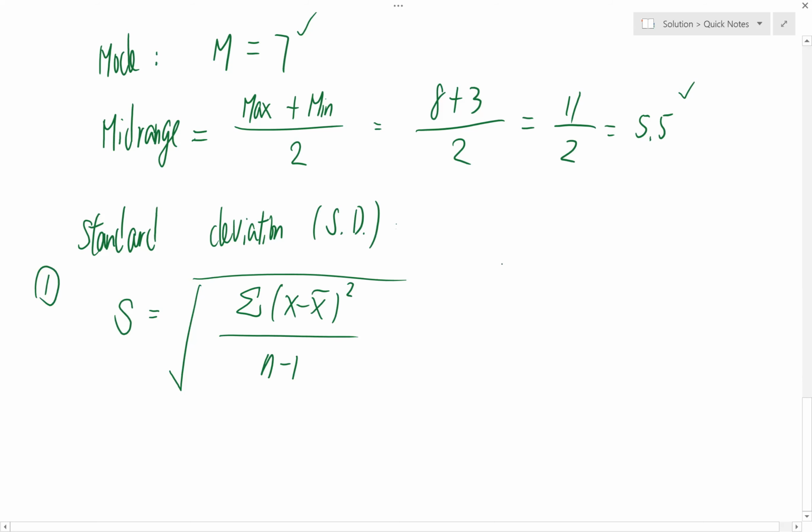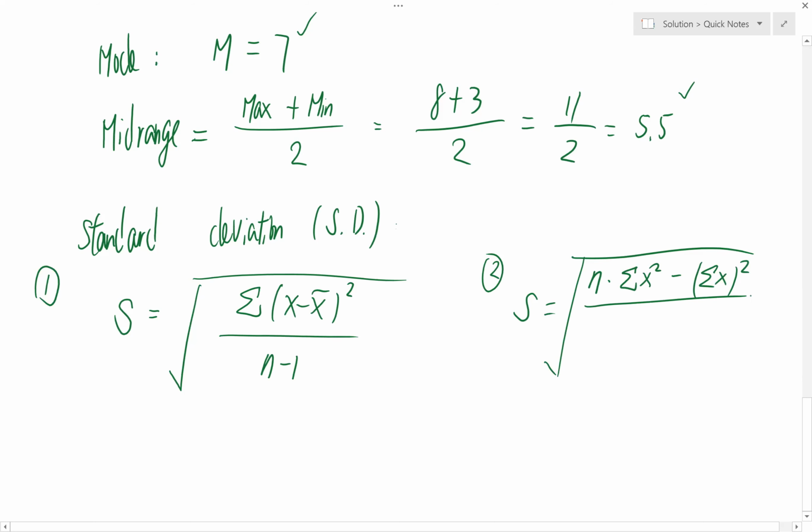And the second formula: standard deviation equals the square root of sample size times the summation of x squared, minus the summation of x, squared, divided by sample size times sample size minus 1. I'm going to show you both methods to calculate the standard deviation.